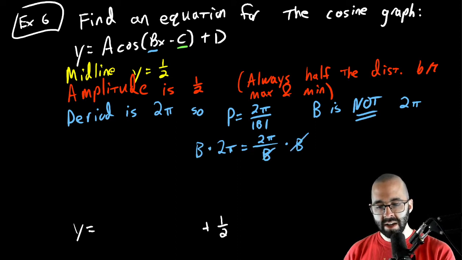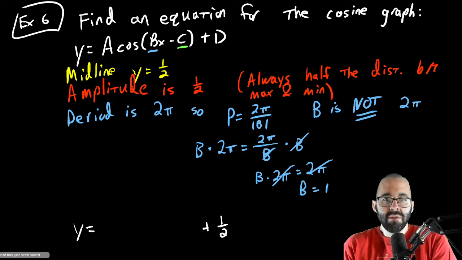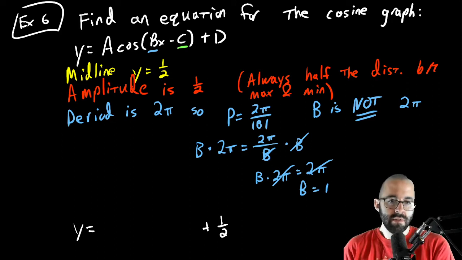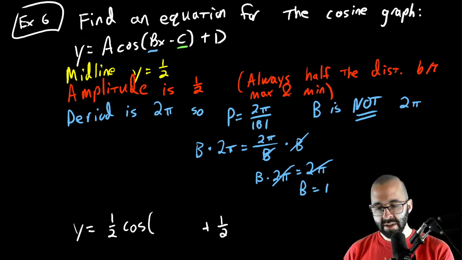And it cancels on the right. And we're left with b times 2 pi equals 2 pi. Divide both sides by 2 pi and you'll get that b equals 1. Right? The period of a normal cosine function is 2 pi. So our b value, our coefficient, is 1. Amplitude is 1/2. Cosine b value is 1, so we'll just write x here.